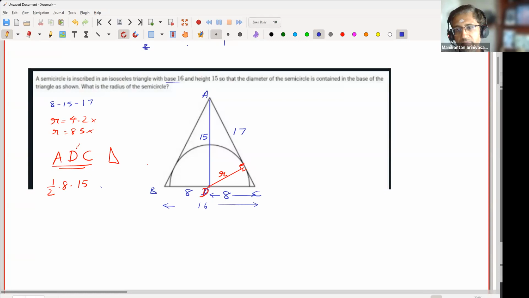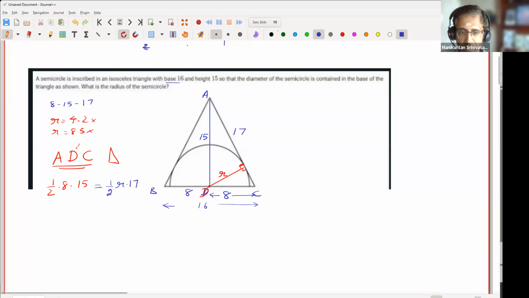From this stage, since the tangent is what we're trying to find, and since we got the area as 60, it's also equal to half into r into 17. Brilliant. Exactly.